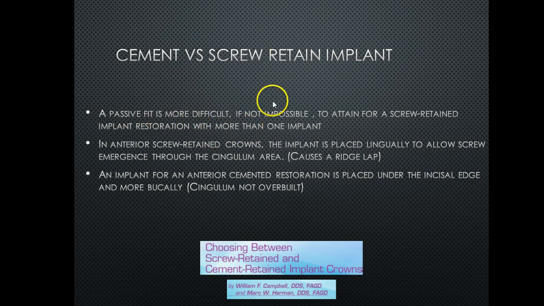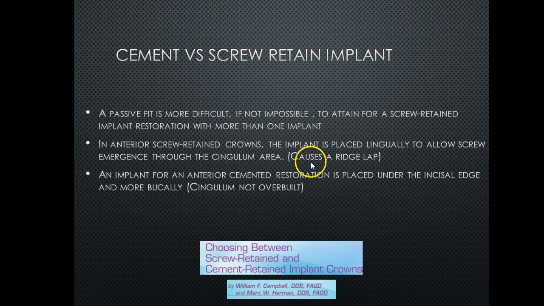And if people have done full arch, for example, we know what we go through. In the anterior screw retain crowns, the implant is placed more lingually to allow screw emergence through the cingulum area. Which makes sense, because you need some kind of an access to be able to go through. In the anterior, you compensate by going lingually, so your screw would be coming out of your cingulum.